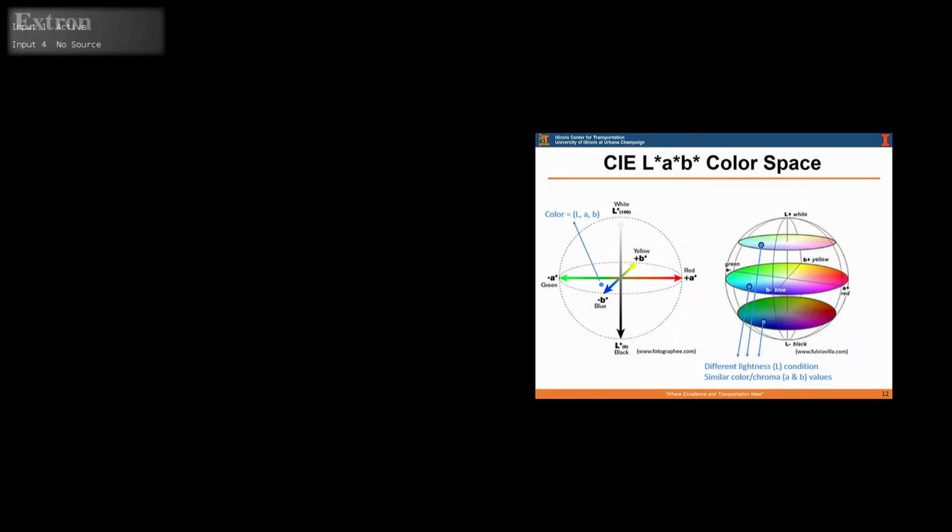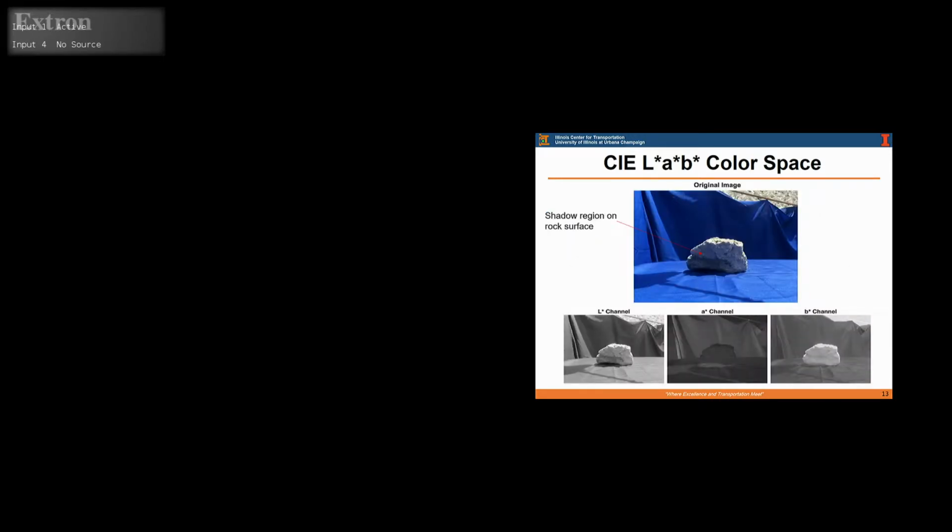And this color space, as I mentioned, can correctly identify the chroma value, whether it's in very bright condition, normal light condition, or in shadow condition. This is a good illustration of that. Take this image for example. You will see the rock surface has some parts highlighted and some parts in shadow.